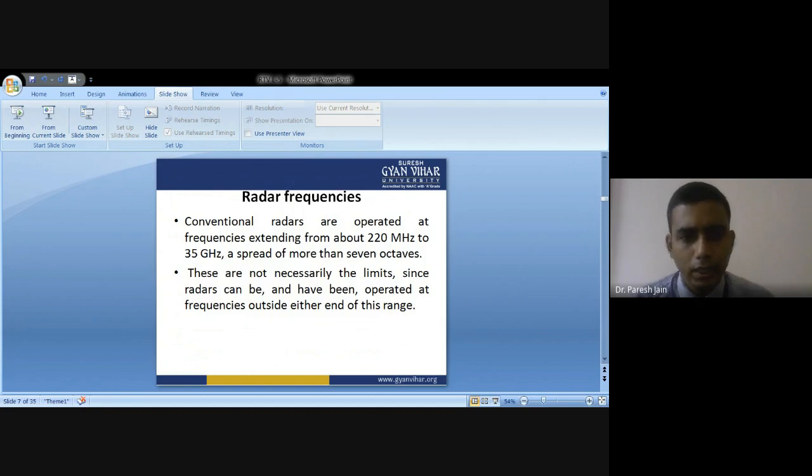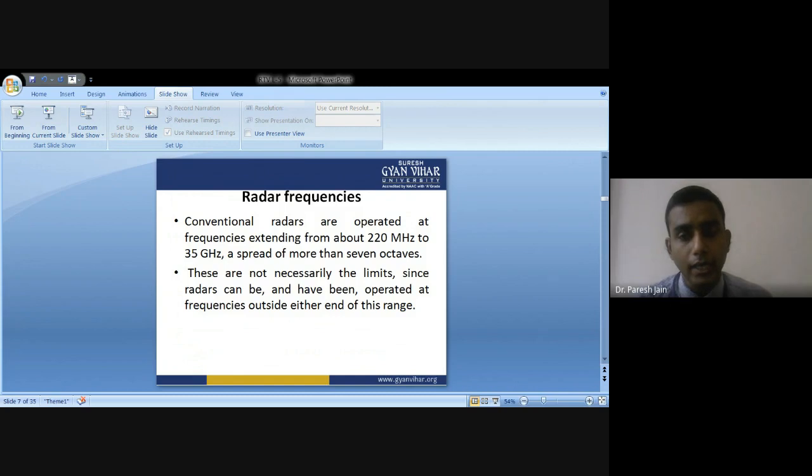So we can understand that wavelength decreases from high to low, while frequency increases from low to high as we move to higher bands.